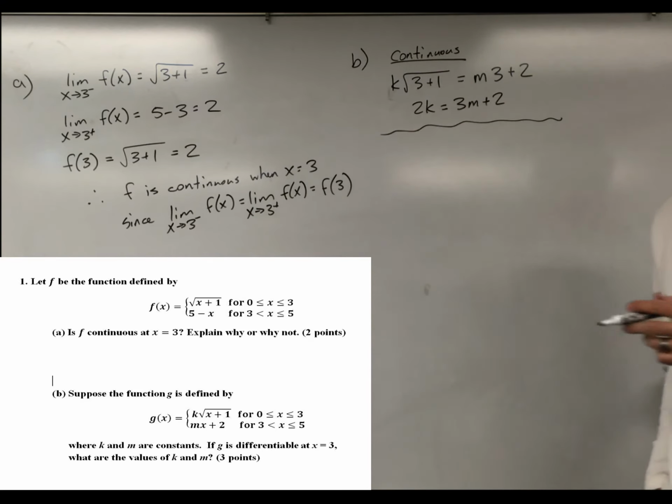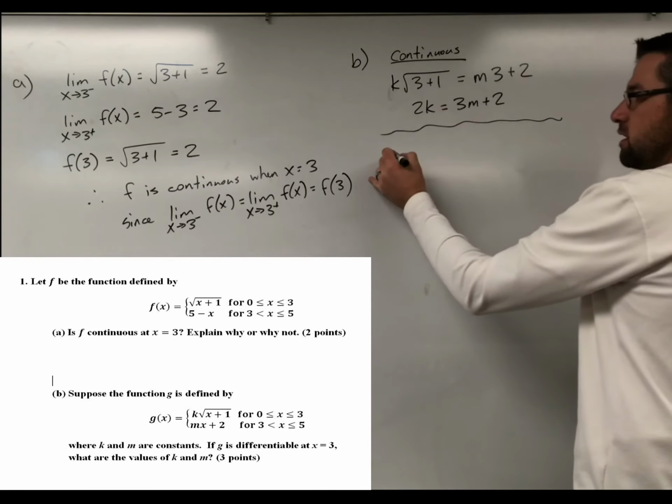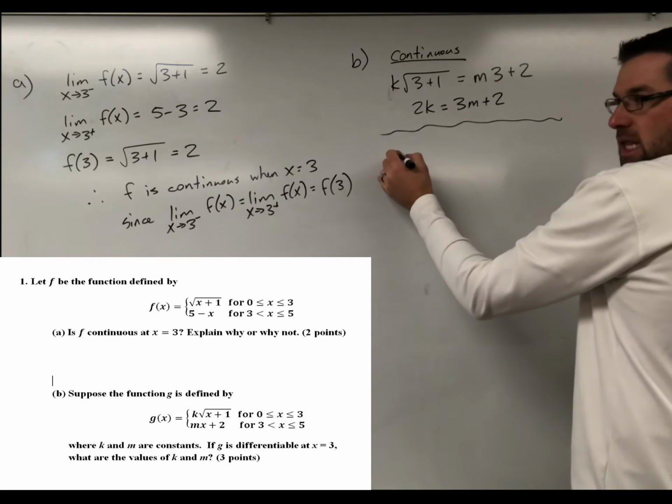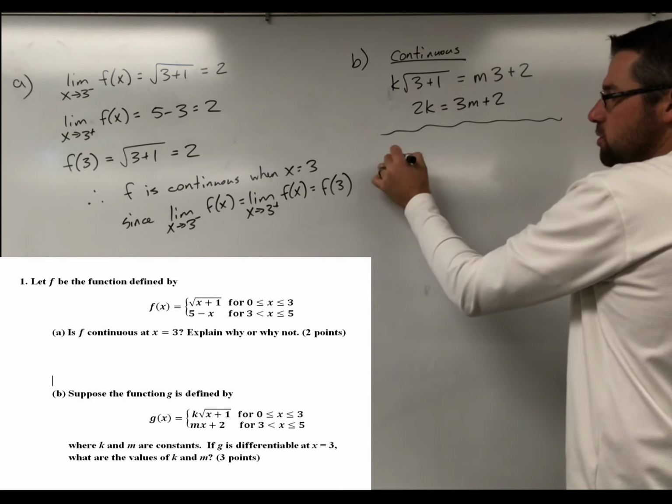The next part of differentiable is that the left-hand derivative equals the right-hand derivative, right? So the first thing we have to do is find the left-hand derivative. So what is the derivative?